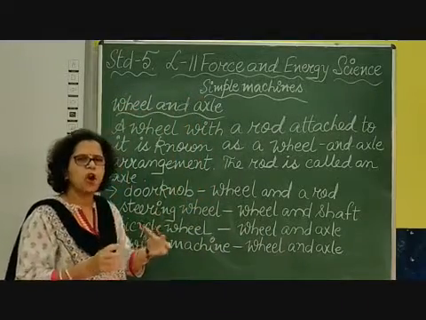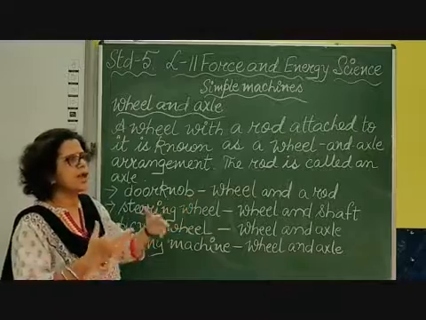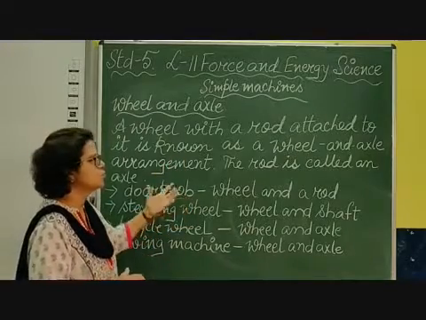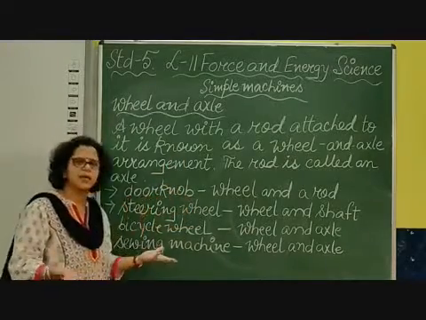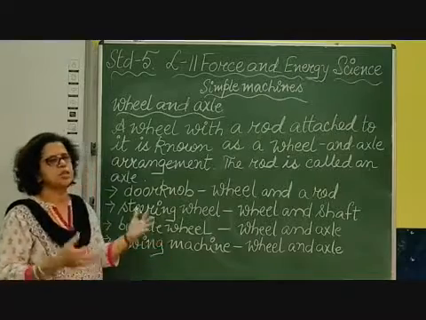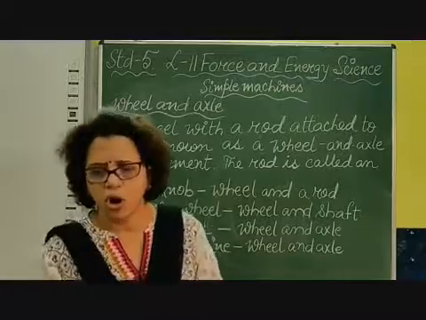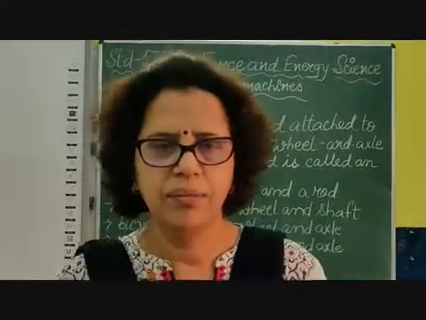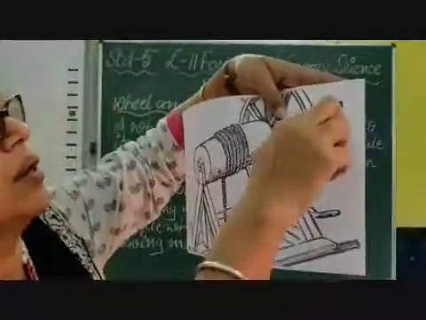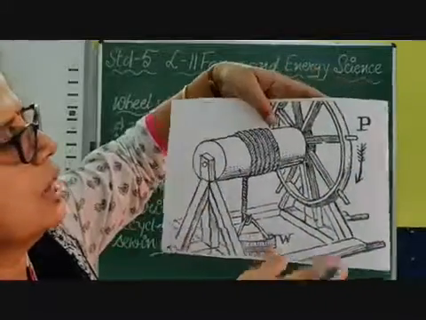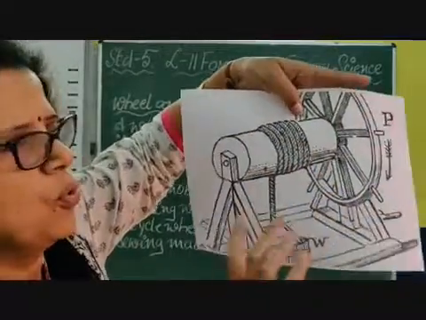The wheel with a rod, which is called an axle, that arrangement only helps you to function, like your bicycle wheel or your sewing machine, egg beater, or your steering wheel. They are all wheel and axle. In this way, the movement is in a circular position, and this is the rod which will help you to function.